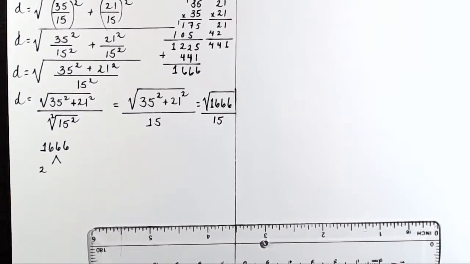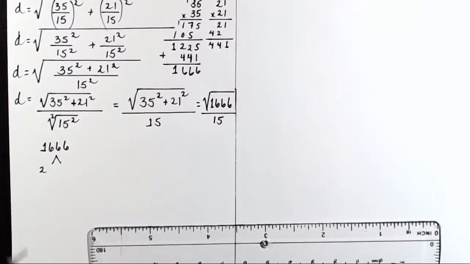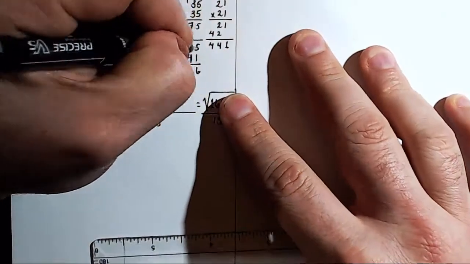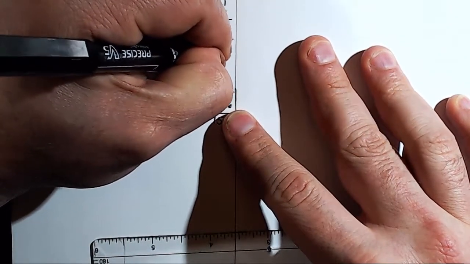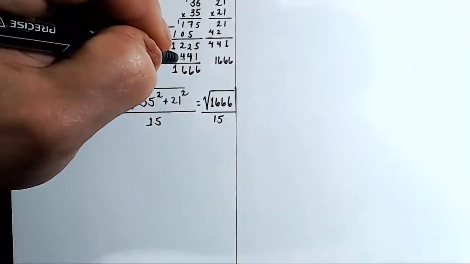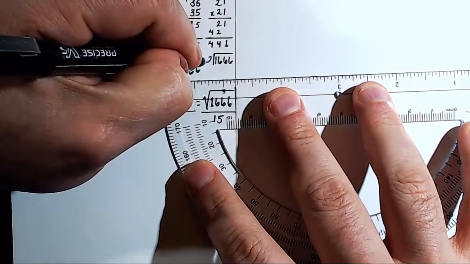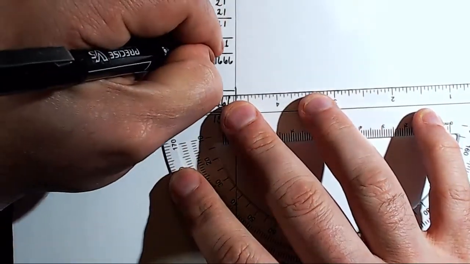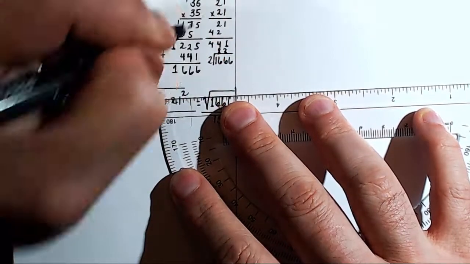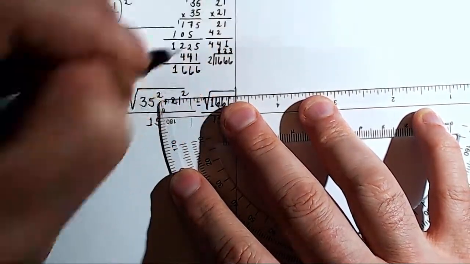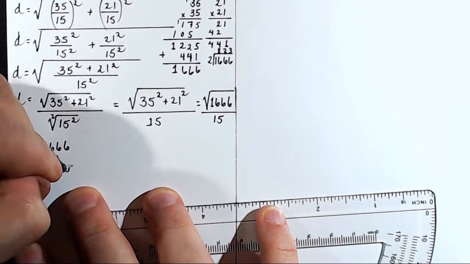Well, it looks like 833. And if I wanted to check that, I could go over here and say, what is 1,666 divided by 2? 2 goes into 16 8 times, no remainder. 2 goes into 6 3 times, no remainder. 2 goes into 6 3 times, no remainder. 833. So I put here 833.